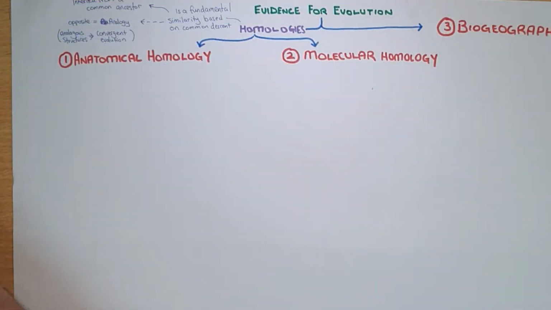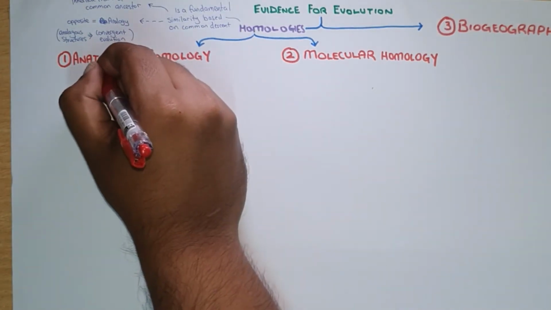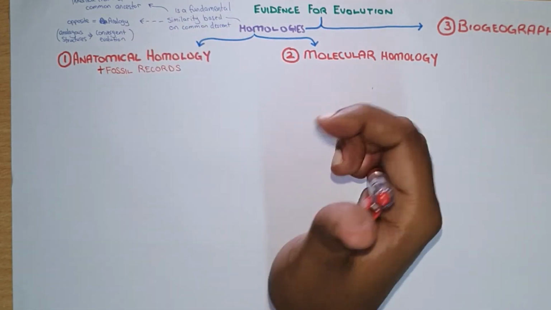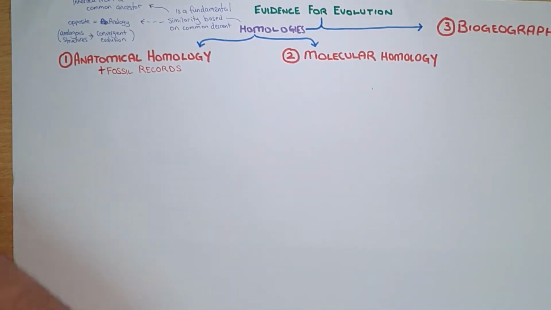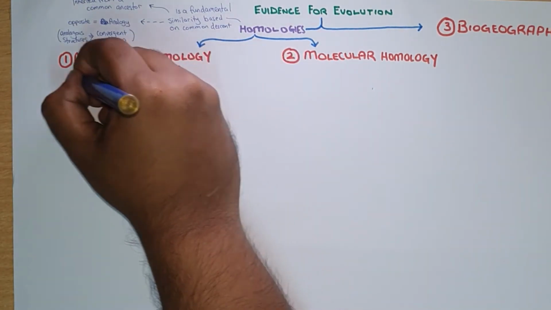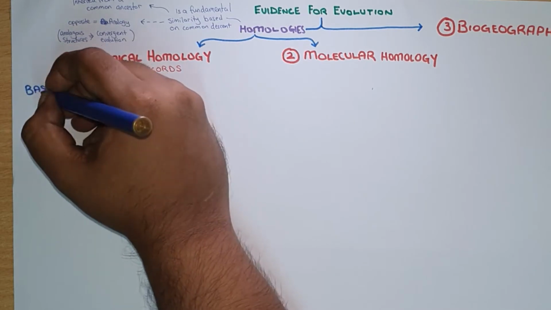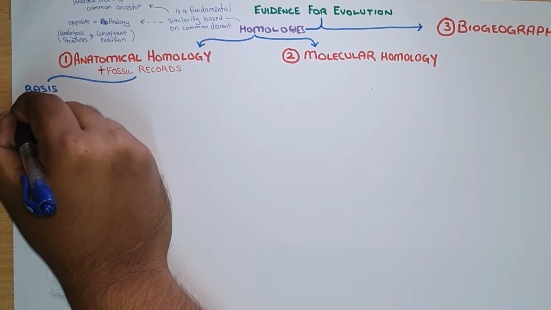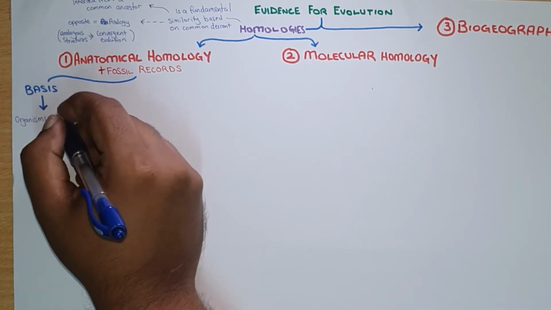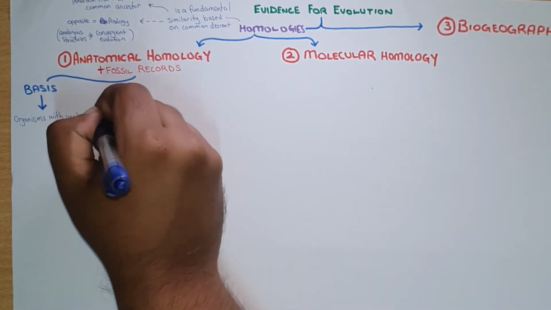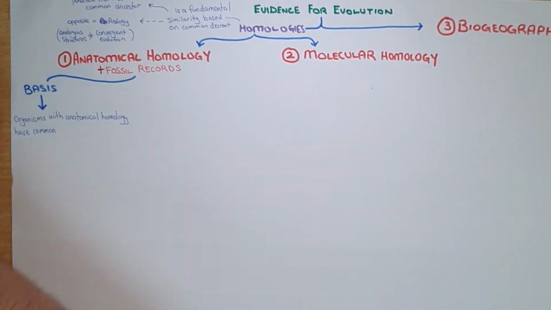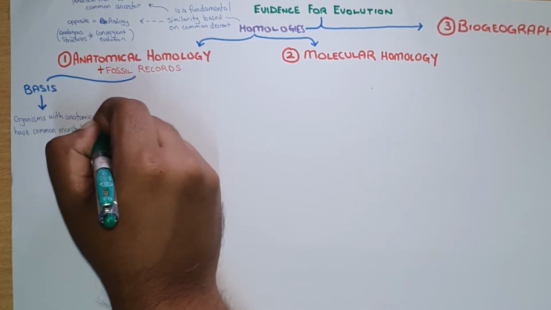Now let's focus on anatomical homology, and this also includes the idea of using fossil records, because fossil records also use anatomical homology, and you're comparing the dead and what is extinct to what is currently alive. The whole basis of using anatomical homology is that we know organisms with anatomical homology often have common morphological structures shared with a common ancestor.